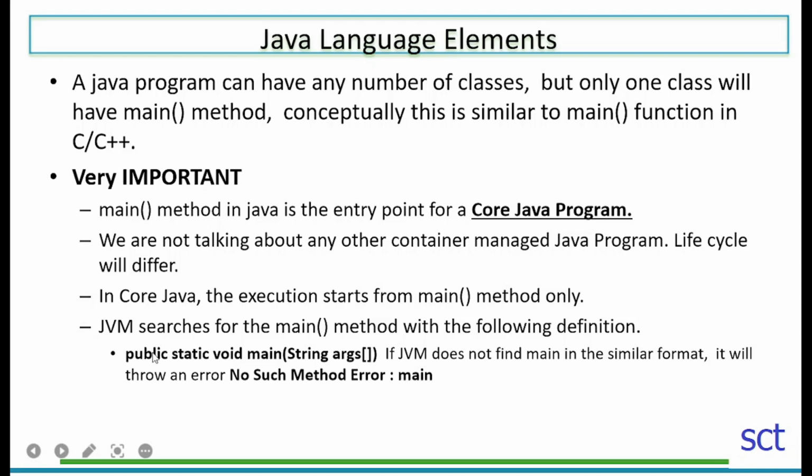It should be public, it should be declared as static, and then it should be void. It will not return any value, and then you have main and some arguments. String args means that any number of arguments can be supplied to the main.